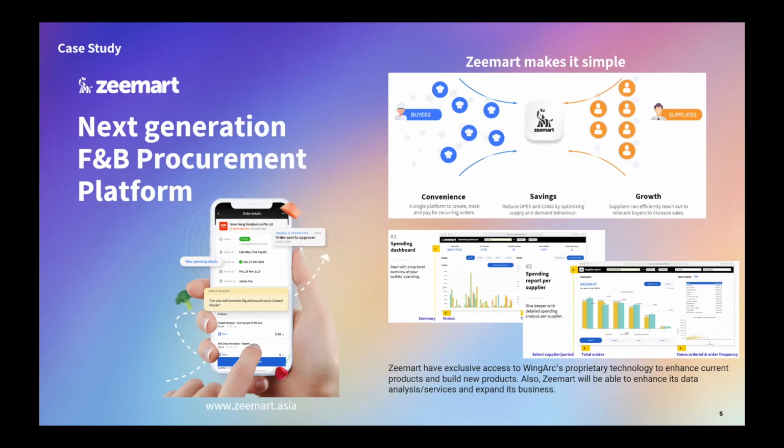Also, GMart's enhanced product allowed them to expand into new segments of the industry. It's a very straightforward collaboration. As this is a long-term partnership, our collaboration plan grows with the company, and our partnership expands beyond the first phase.